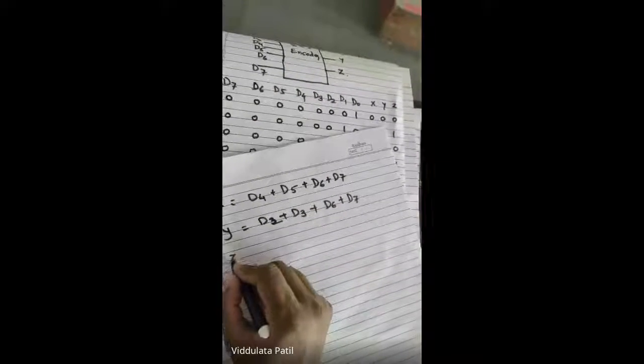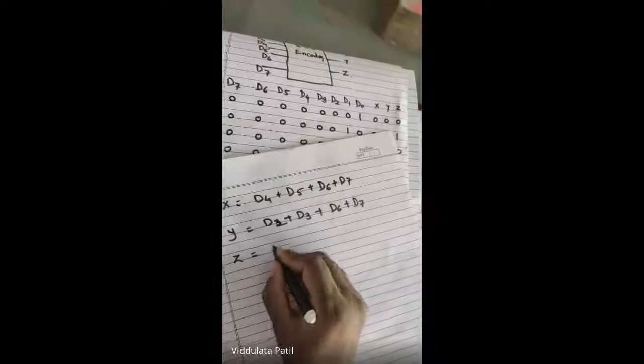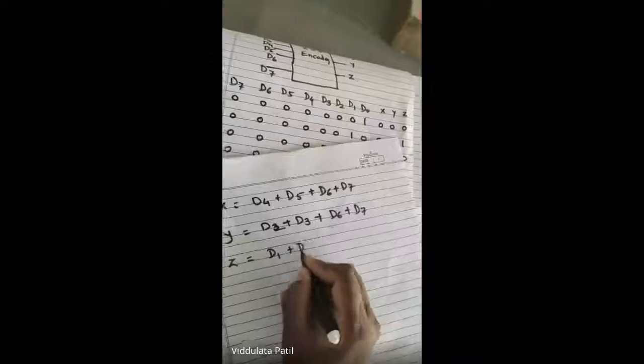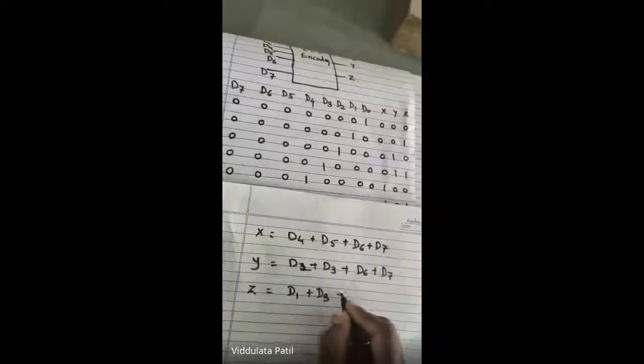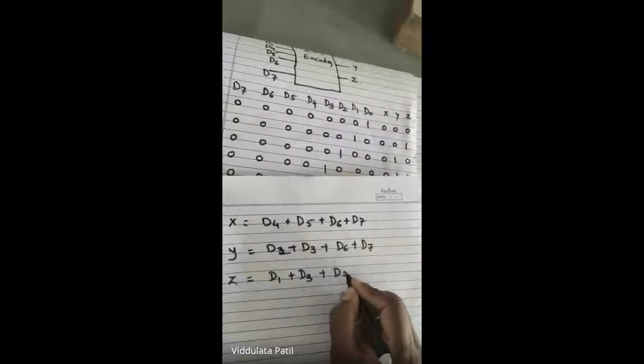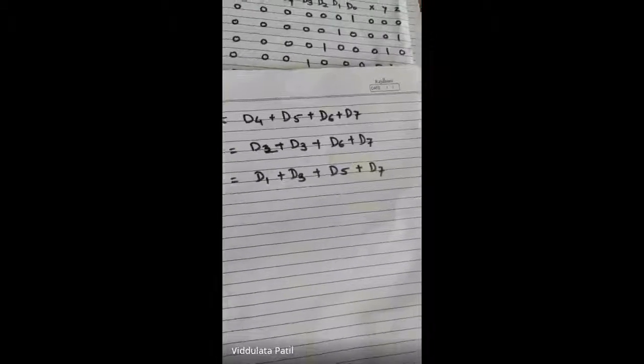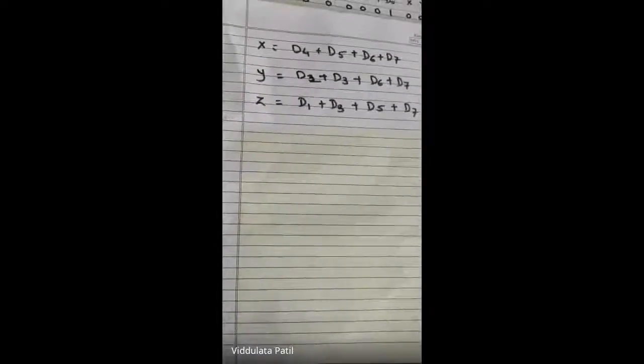And then Z is equal to D1 plus D3 plus D5 plus D7. Okay, so these are the equations that we are getting for the outputs of the encoder circuit. Now from this, we will write its VHDL code.